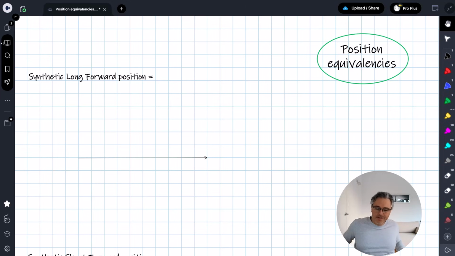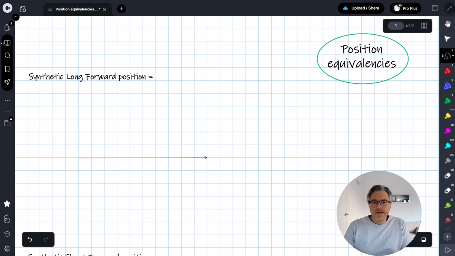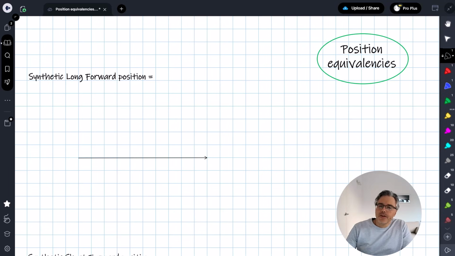So the first one, synthetic long forward position. Essentially, you can get something that looks like a long forward by combining a long call option position and a short put. Now, the long call and the short put should have the same exercise price, or the same strike.